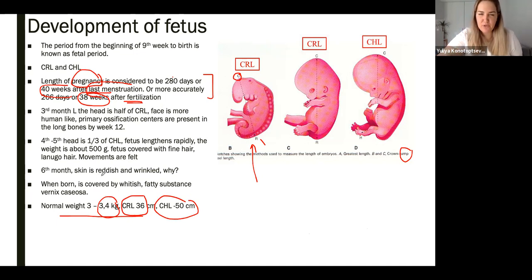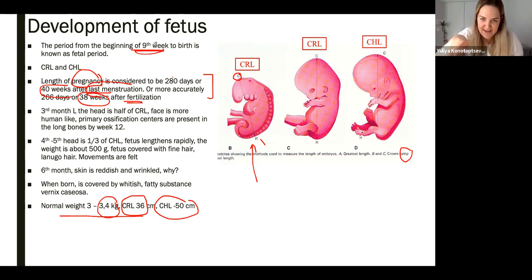There are 2 very important names that you need to remember. Until the 9th week, the period is known as the organogenesis. So from the moment of fertilization until the embryo is 9 weeks old, you call that period organogenesis. So the name is understandable, right? We're making organs. This is the time when the embryo is most vulnerable to things like drugs, alcohol, I don't know, antibiotics, etc. So you can do some damage to the embryo.